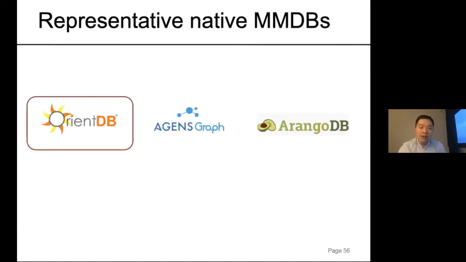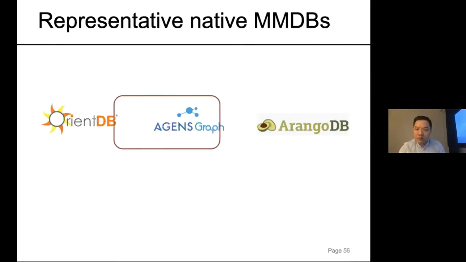And these records can be documents, vertices, or even edges. And AgensGraph is another multimodal database that is built on top of a relational database, PostgreSQL. AgensGraph implements the graph model where the graphs are represented in index-based vertex and edge tables.